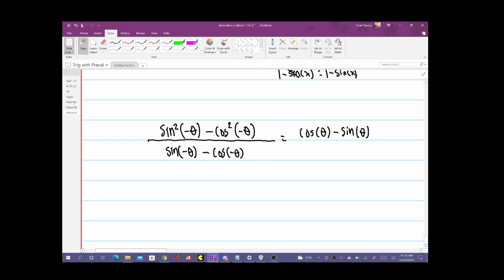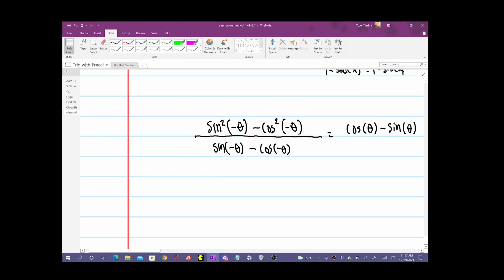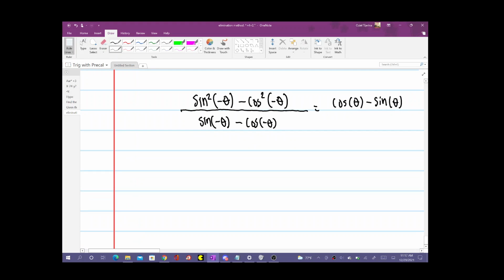Now for this one, you're gonna have to know your even odd identities. So number 1, sine of negative theta equals negative sine of theta. Number 2, cosine of negative theta equals cosine theta.